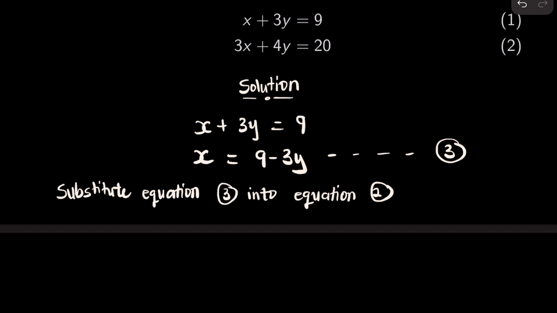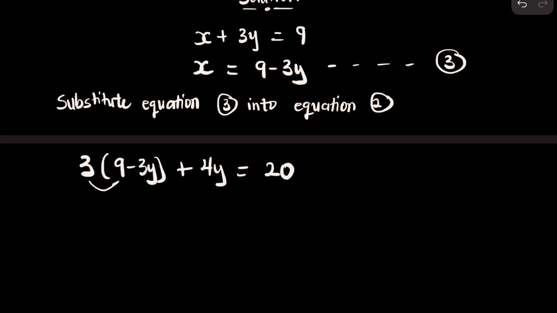We are going to have 3x, but x is now 9 minus 3y. So we have 3 times 9 minus 3y, then plus 4y is equal to 20.